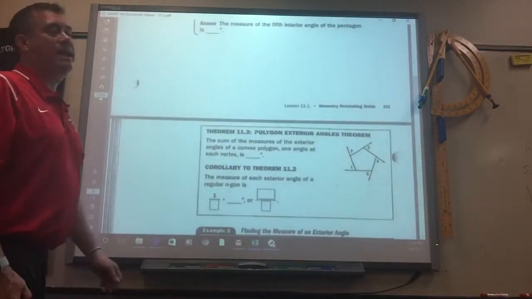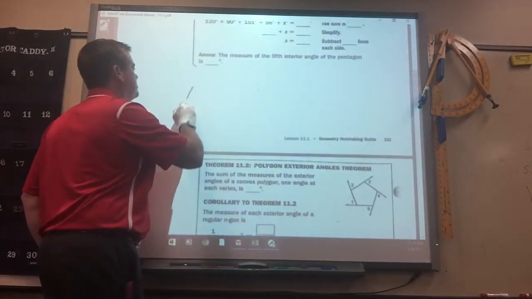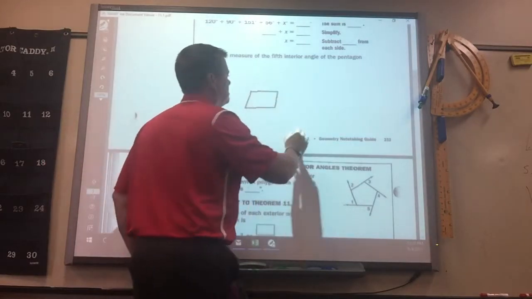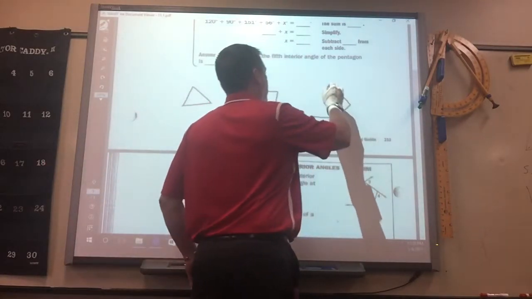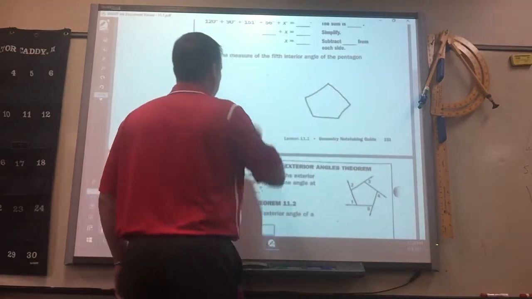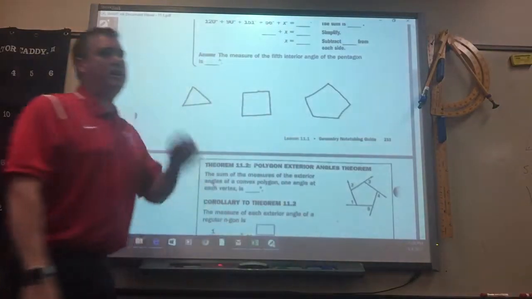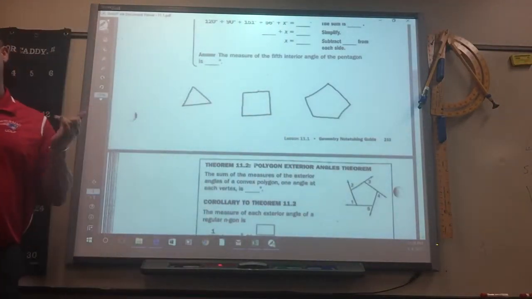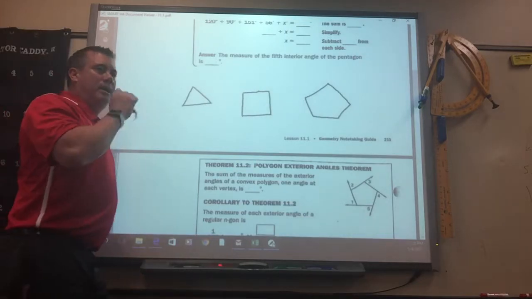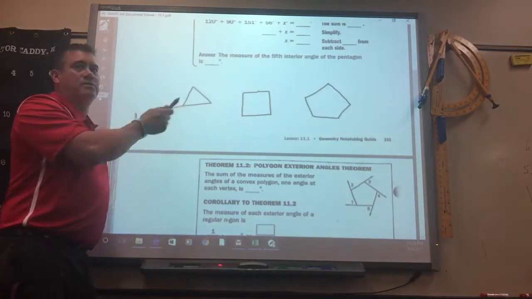Now, exterior angles. We've done this in a past lesson too, so this is nothing new. An exterior angle is, if you extend a side, it forms an outside angle.